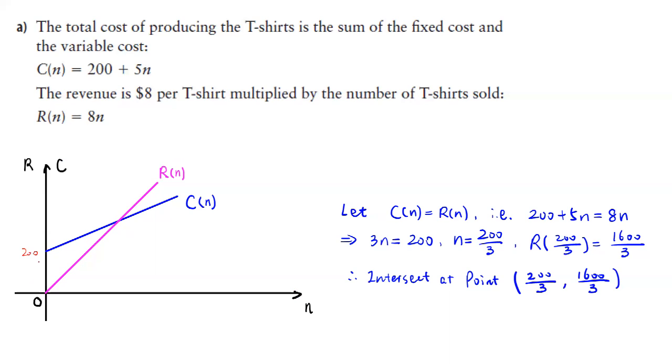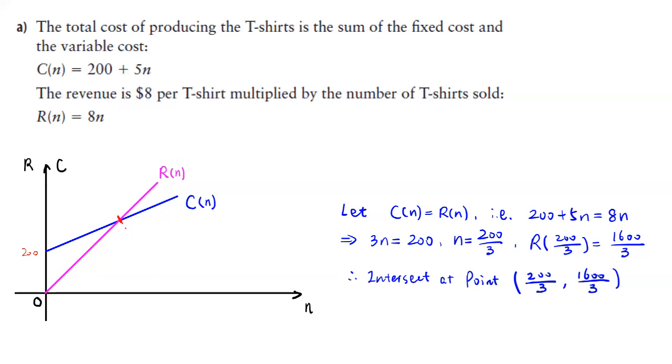So this is 200 here, and Rn has a y-intercept of 0, but Rn has a greater slope than Cn, so these two lines must have an intersection somewhere here, right?